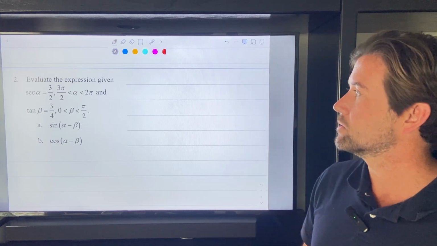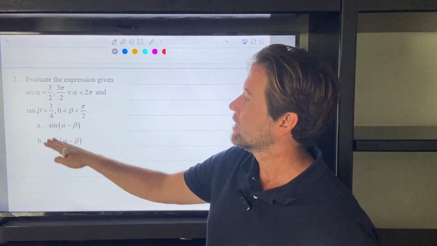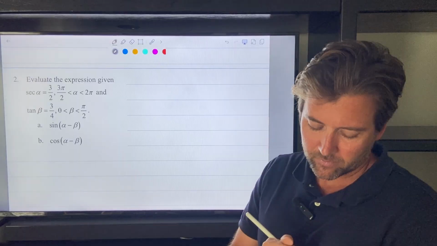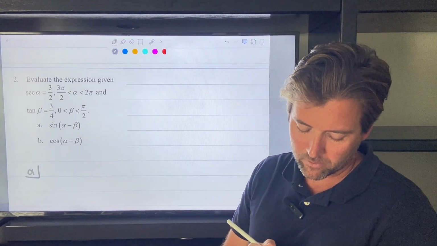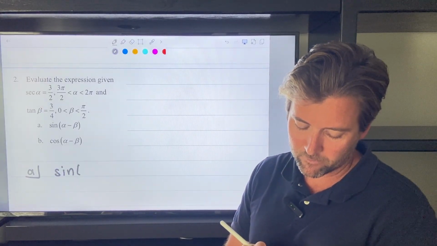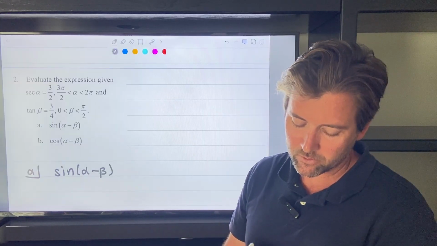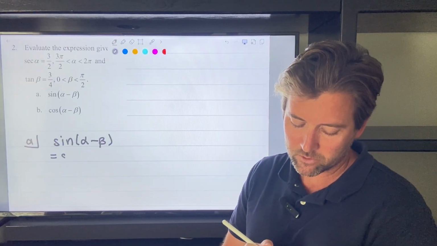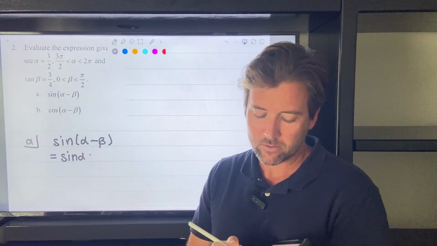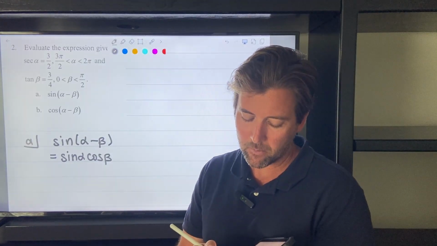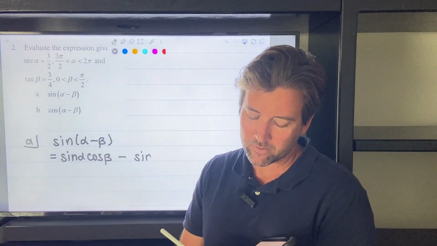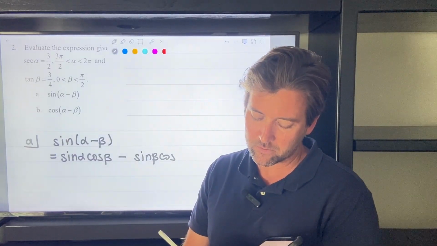All right, question 2. We have to evaluate these expressions here given this information. So for part A, I'm going to expand the sine of alpha minus beta using the angle addition formula. So it'll be sine of alpha times cosine of beta minus sine of beta times cosine of alpha.